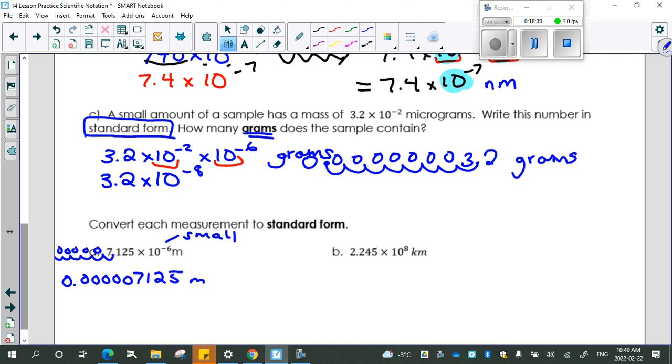Negative exponent indicates something small. A positive exponent indicates something big. Okay, so 2.245 times 10 to the 8. Positive exponent, big number.